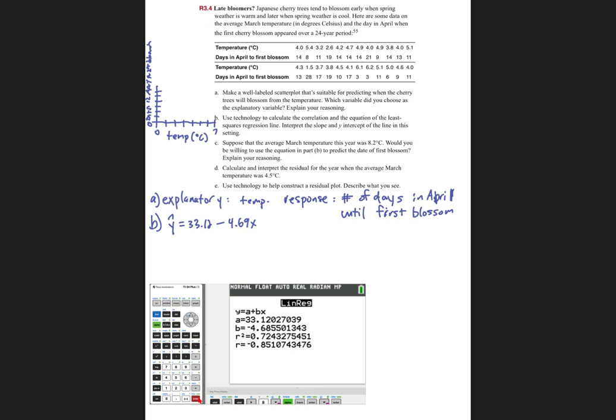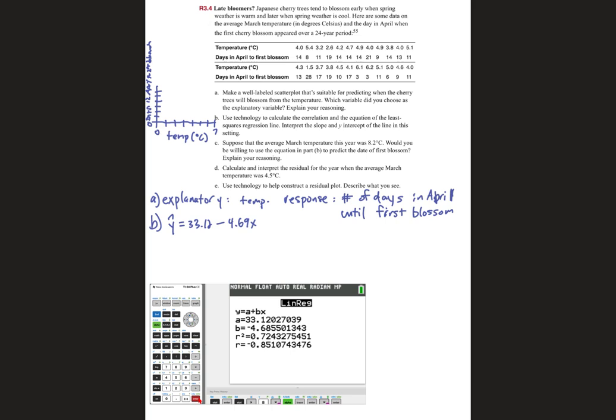Okay, so that's the least squares regression line. So interpreting the slope and the y-intercept, the slope is this negative 4.69, so this is a negative relationship. Since it's a negative slope, that means that the colder the temperature it is, the later day in April that the cherry blossom's first blossom is.